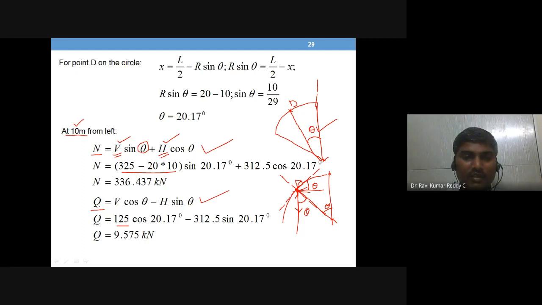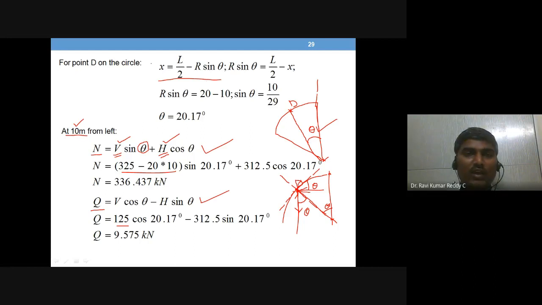Okay, right then. How to find theta? So this is where you need geometry. Because H and V are load quantities, they don't require any geometry. It only needs what all the loads are, that's all. So now when you say you want theta, you need geometry. If you want to find theta, if you remember, we wrote two expressions where Cartesian coordinates and polar coordinates are related.